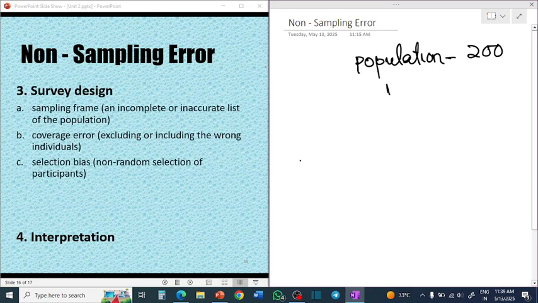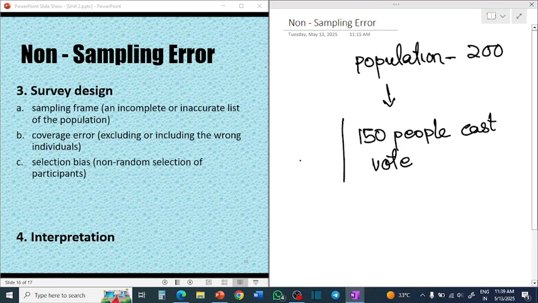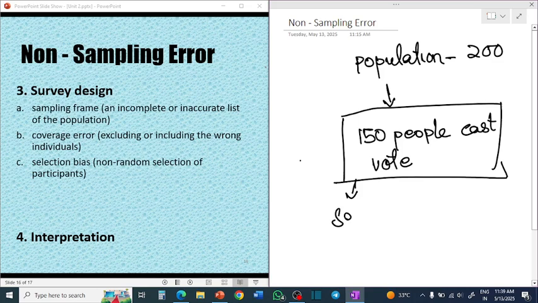So in a population of 200 people, only 150 people cast vote. So this 150 people will become your sample frame. Any mistake in doing an incomplete sample frame, that will come under survey design.